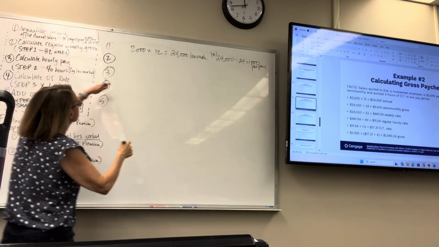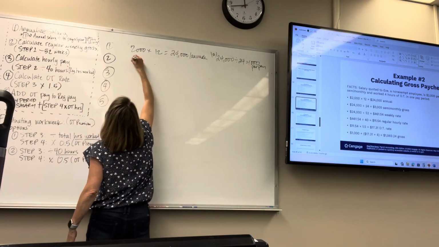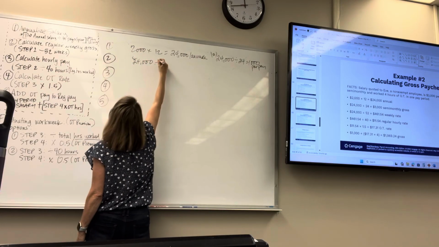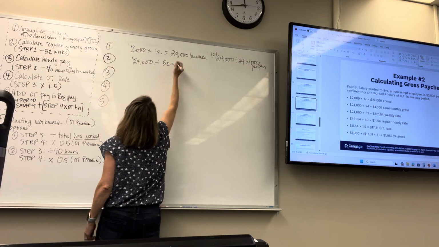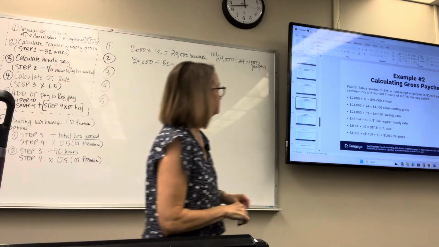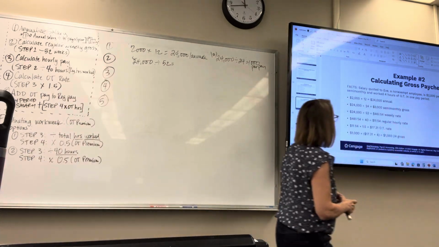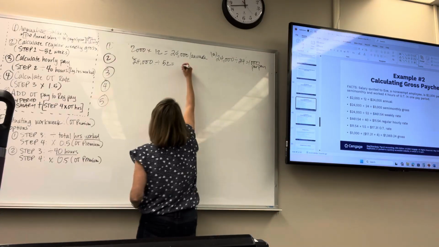Step 2, we're going to take 24,000 divided by 52 weeks. That's $461.54 per week.